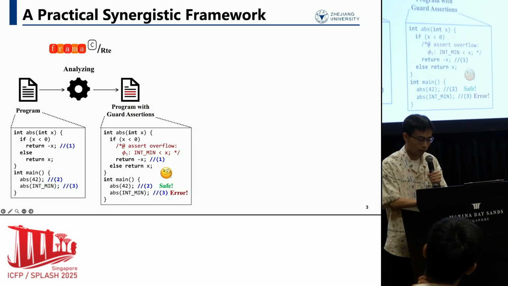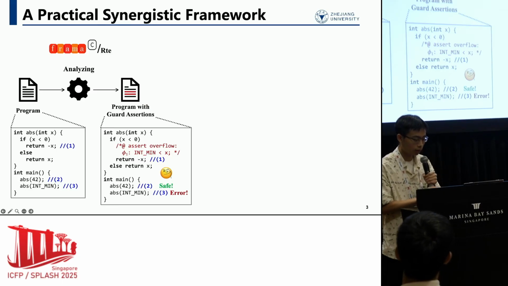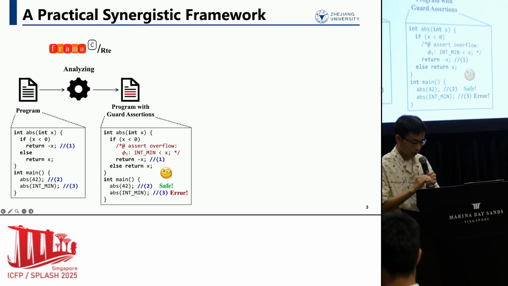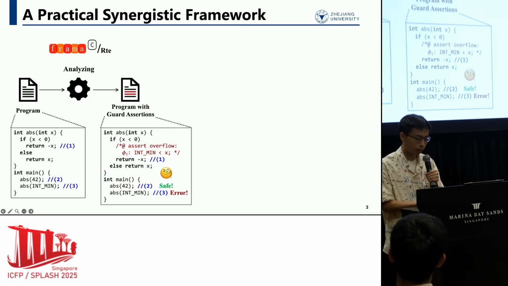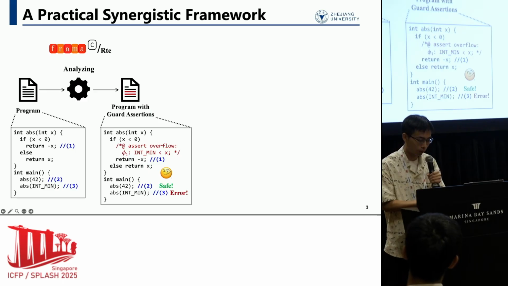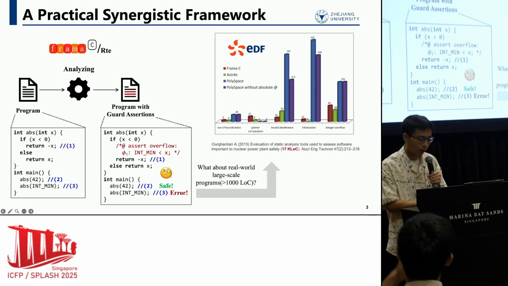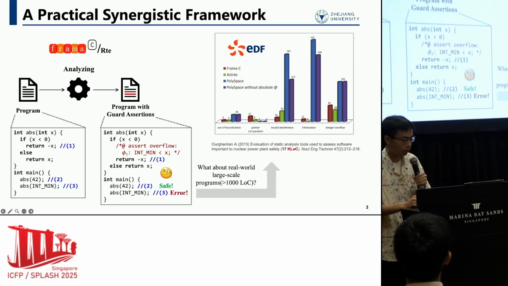An analyst would then need to check all execution traces reaching this assertion to see whether it is valid or unsatisfied. In this case, it's easy to see that the call at line 2 is safe, while the call at line 3 triggers a real overflow. But what about real-world large-scale programs?